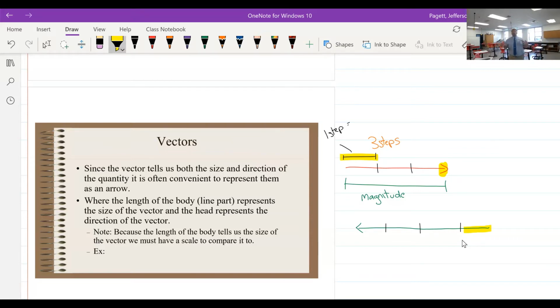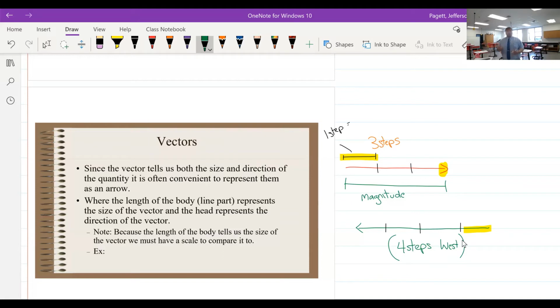And so as long as you have that scale, you can know how big it's going to be and what it's going to represent. So I can write down here, hey, this is 4 steps west. That's what that vector represents.